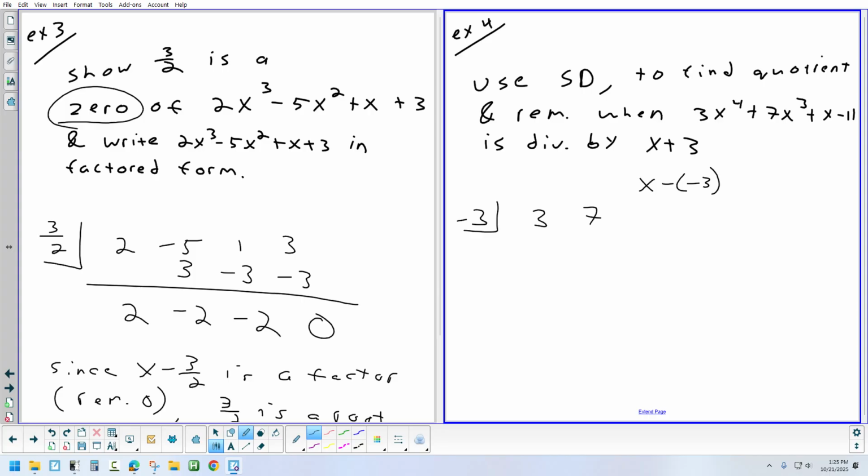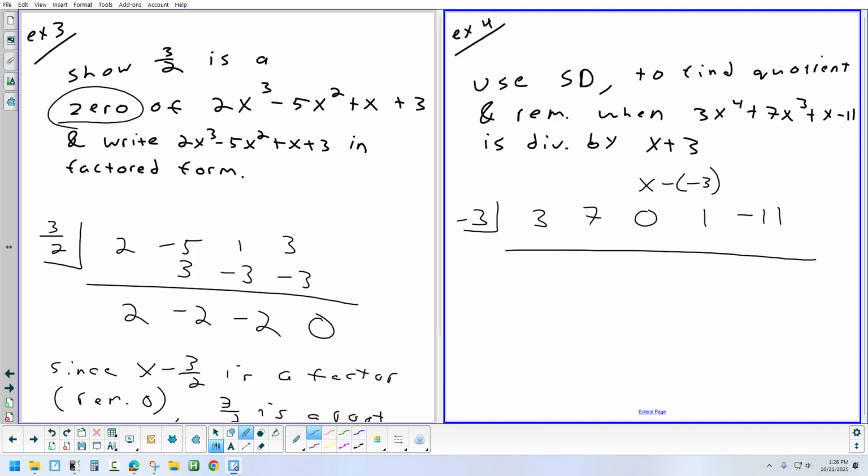We have a few more to put before that. What comes after the 7? 0, because you don't have any x squareds. If you forget that 0, well, it's wrong. So don't forget the 0. Now my last two coefficients: 1 and negative 11.